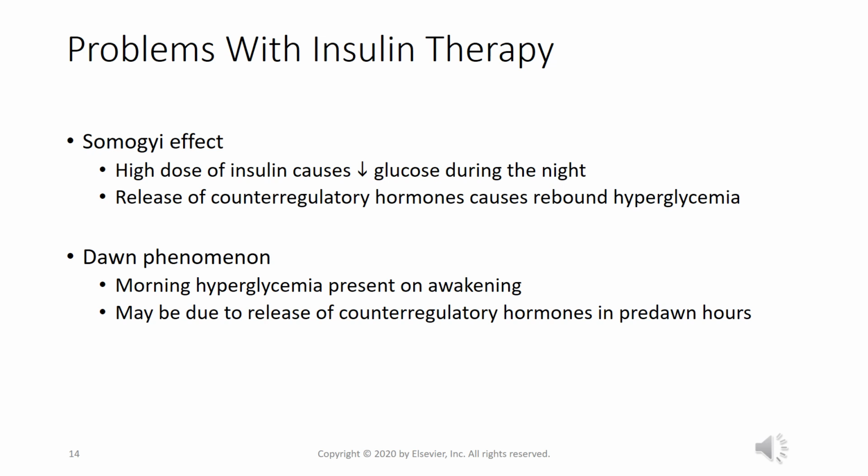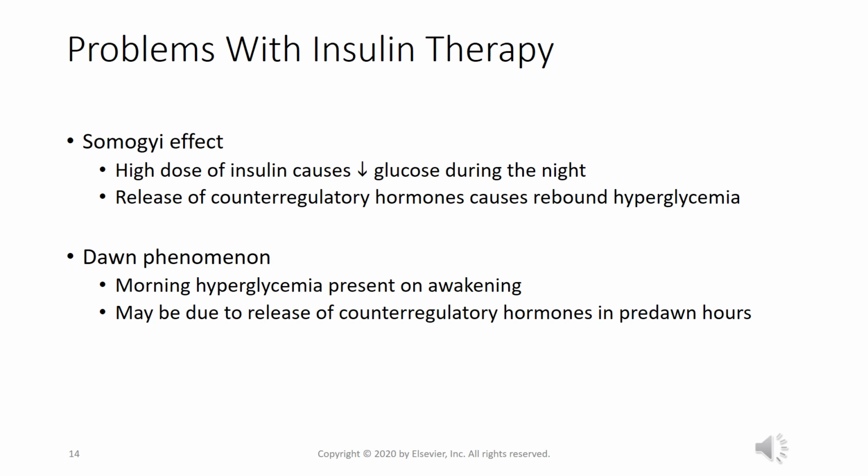These clients become hypoglycemic in the middle of the night. So between 2 a.m. and 4 a.m., their blood sugar drops, their counter-regulatory hormones kick into action, and when the patient wakes up in the morning, they are hyperglycemic.